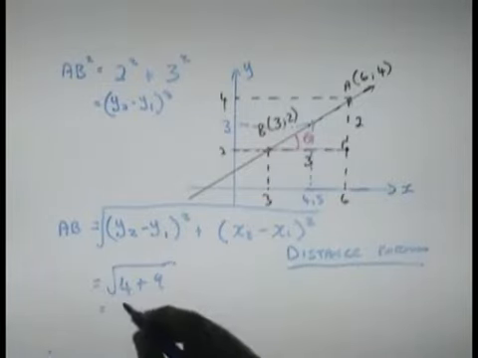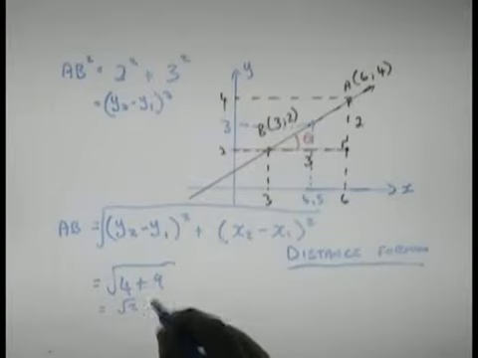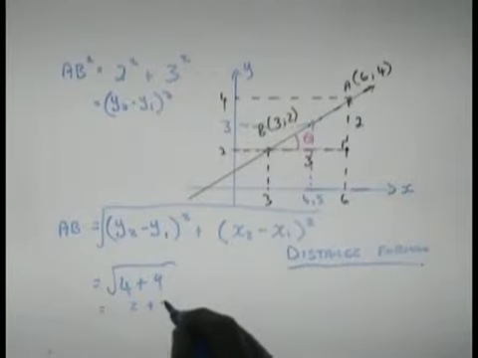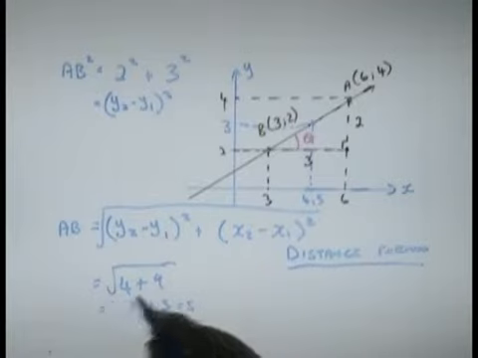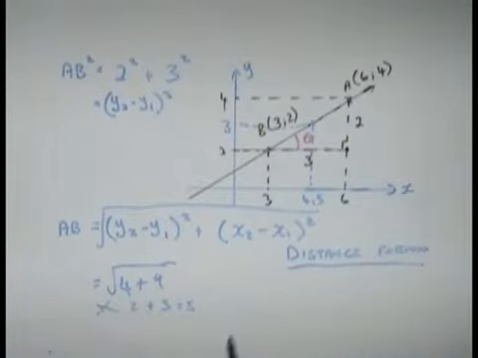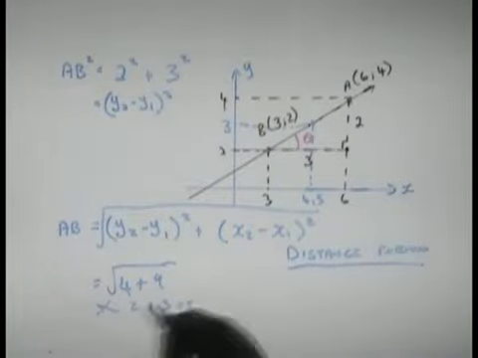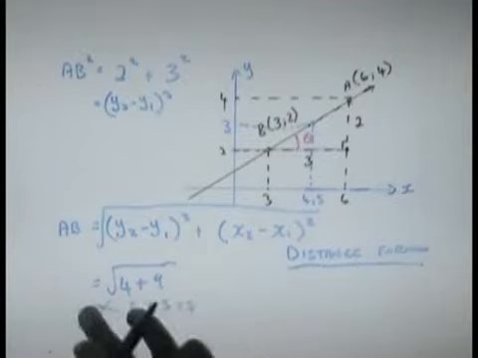Boys and girls, do not turn this into square root 4 plus square root 9. That is not the same as 2 plus 3, which is equal to 5. It's not what square root of 4 plus 9 is. We can only split up the square root if we've got a multiplication. In this case we don't.